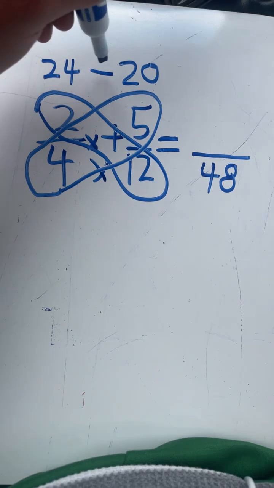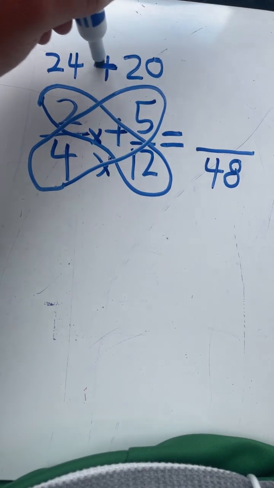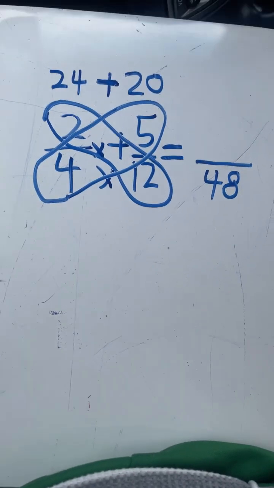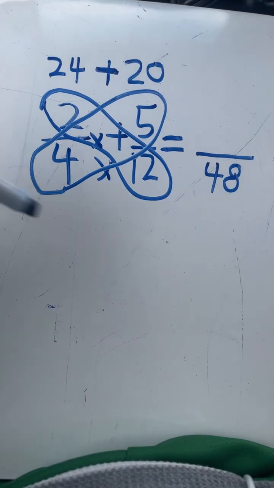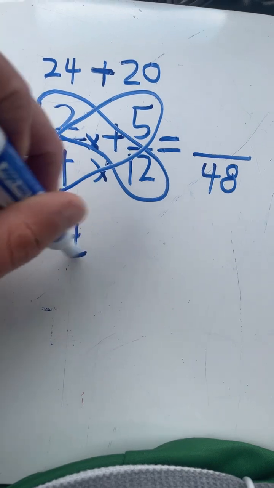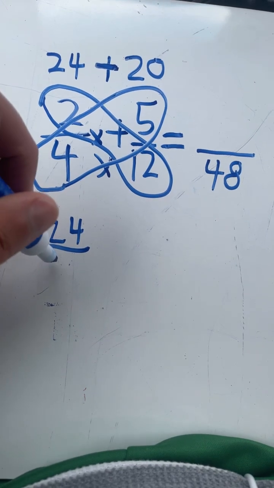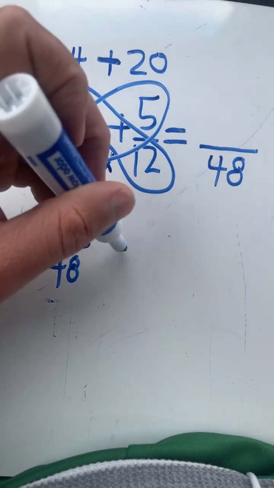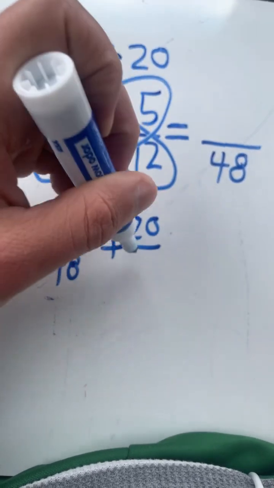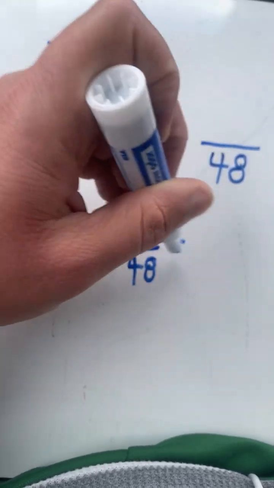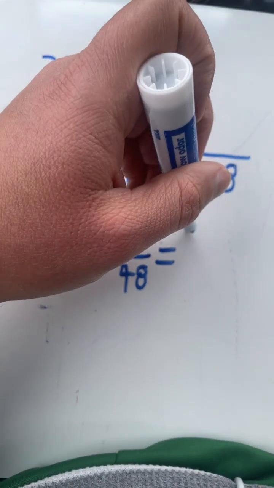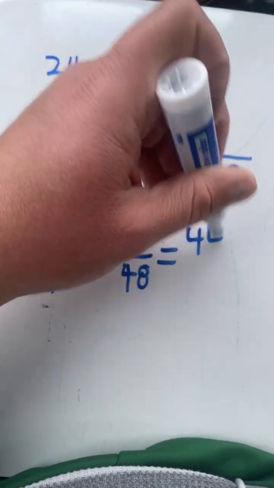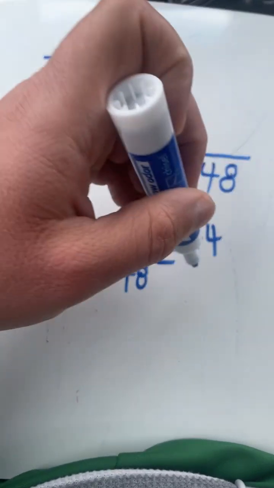We have 24 plus 20. So 24 48ths plus 20 48ths. So 24 plus 20 is 44.